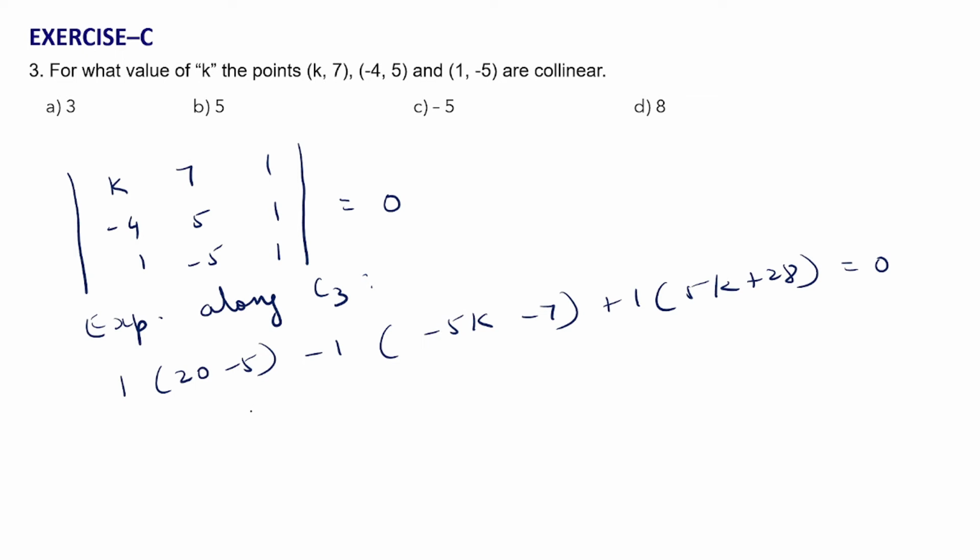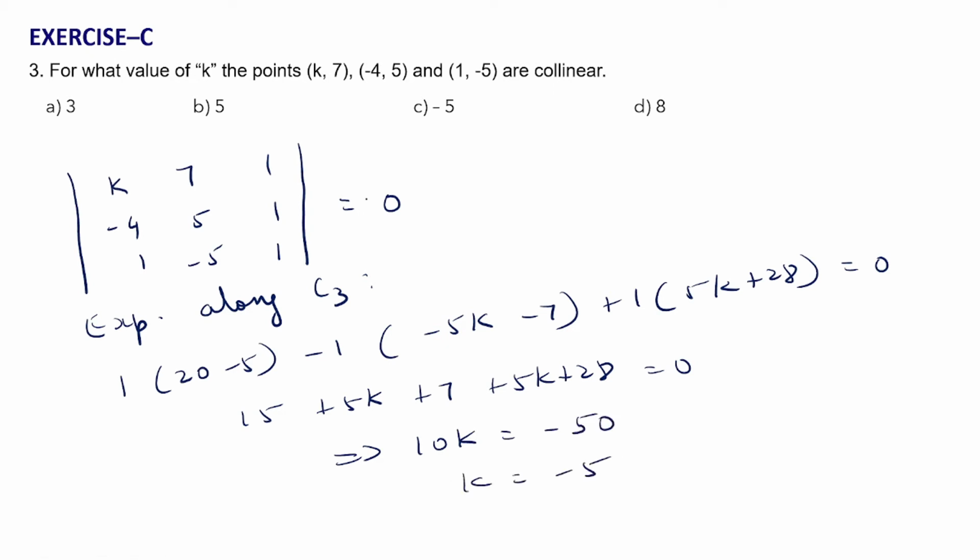From this we can find k very easily. So this is 15 plus 5k plus 7 plus 5k plus 28 is equal to 0, or we have 10k is equal to minus 50, or k is equal to minus 5. So the correct option is option C.